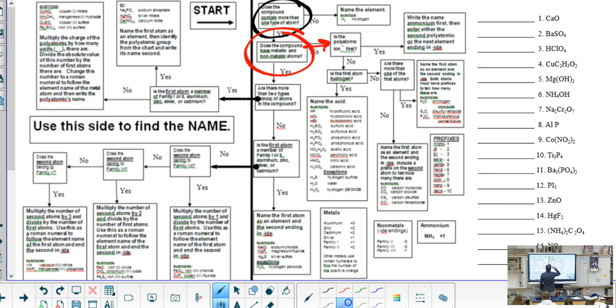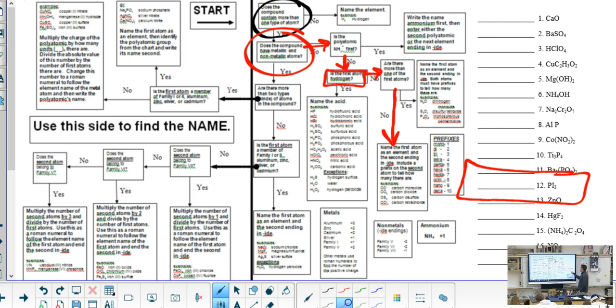Does it start with NH4? No. Does it start with hydrogen? No. Are there more than one of the first atoms? No. So here we go. Name the first atom as an element. So we're phosphorus, right? What number was this? Number 12, right?